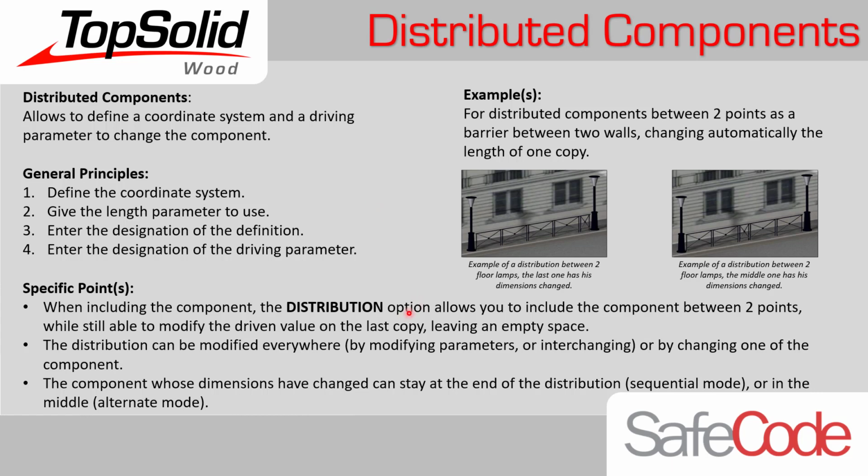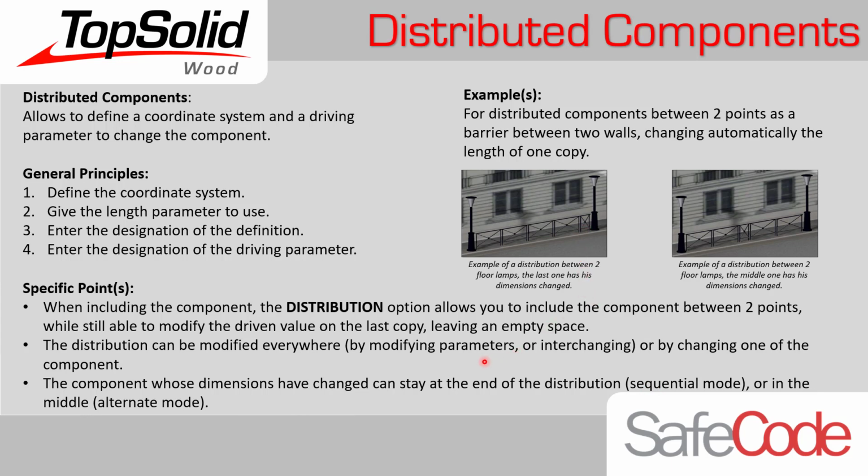Now the way they work is the components, you can modify the dimensions depending on how you include them. So when the dimensions change, if we've brought them in a sequential mode, the end item will change.